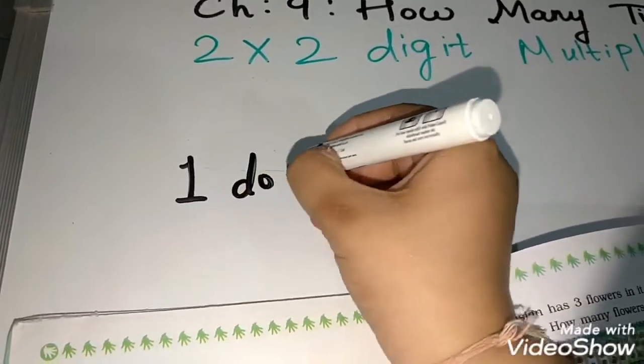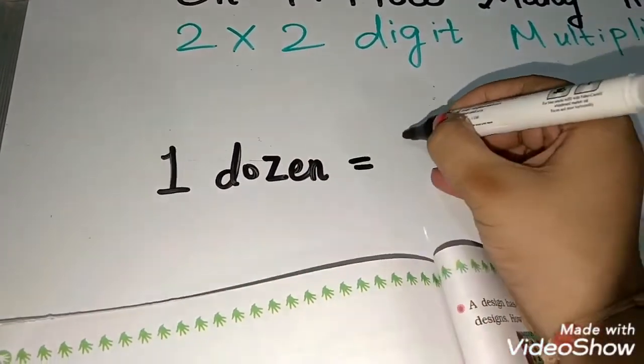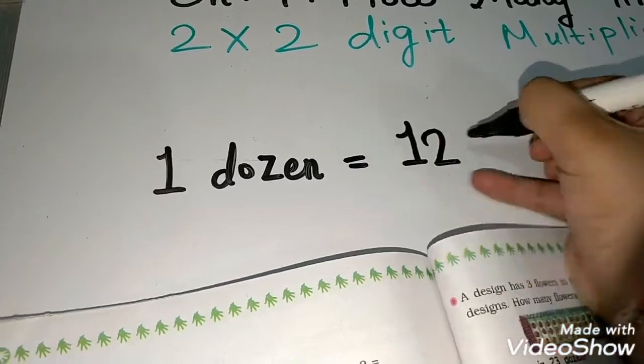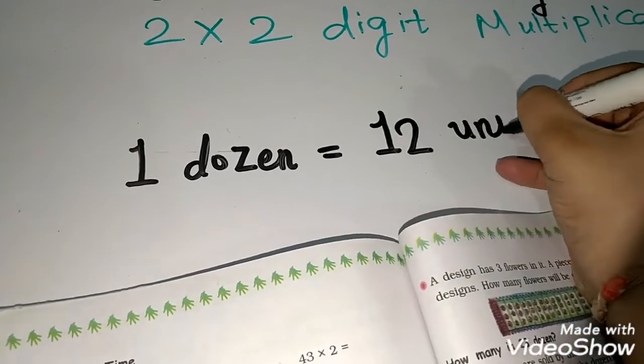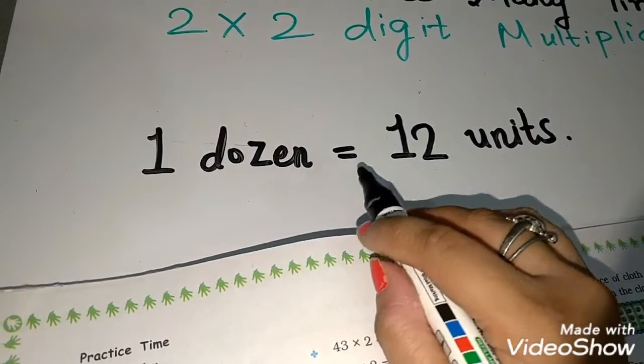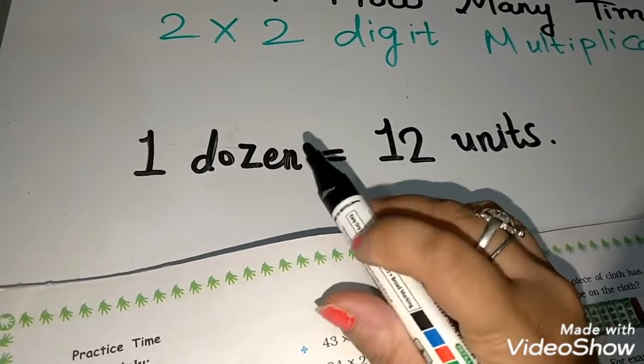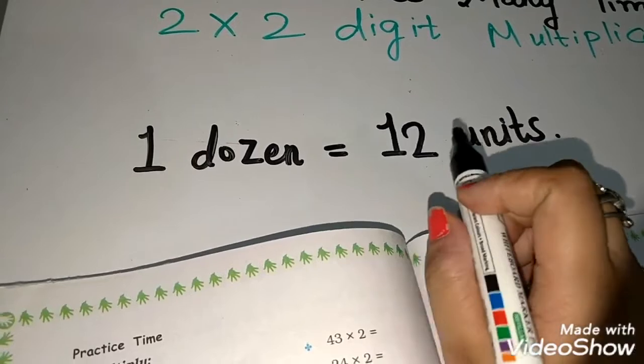1 dozen is equal to 12 units. This you need to remember for all the problem sums, and this you need to remember always, that 1 dozen is equal to 12 units.